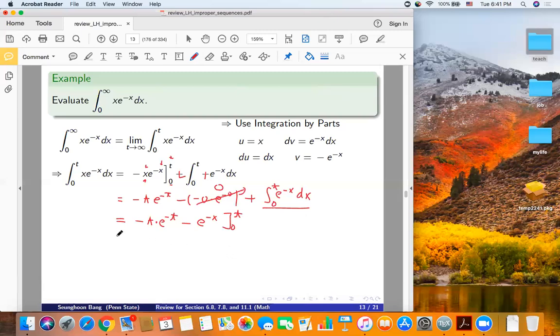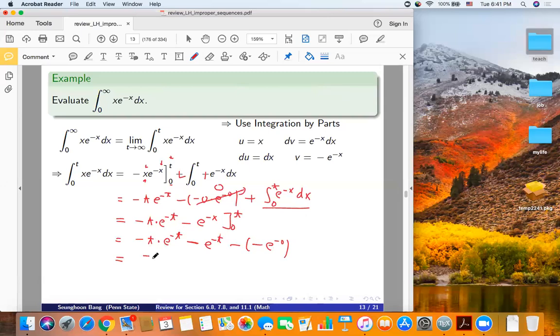The next, plug in the numbers: negative t times e to the minus t, minus, you plug t into x, e to the minus t, minus, plug 0, negative e to the negative 0. So what is that?